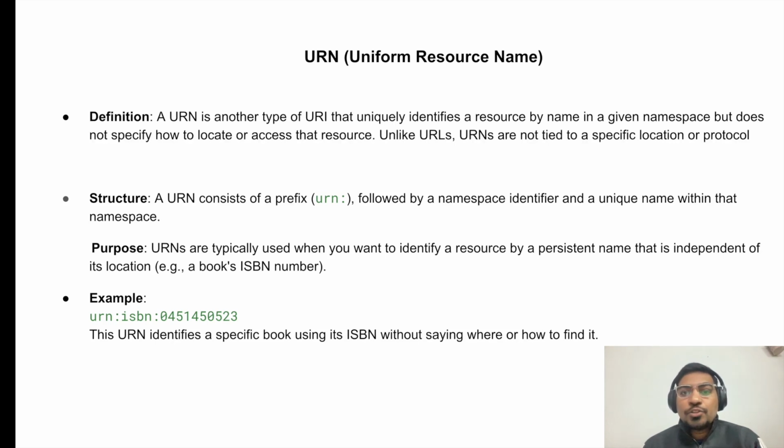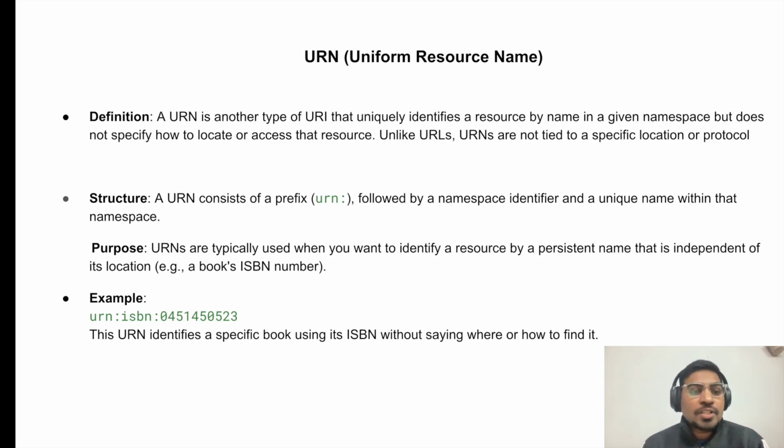So what is the difference between URL and URN? A URL always consists of some information of a website along with the location where it is preserved, and a URN only provides the uniform resource name, not the location where it is preserved.